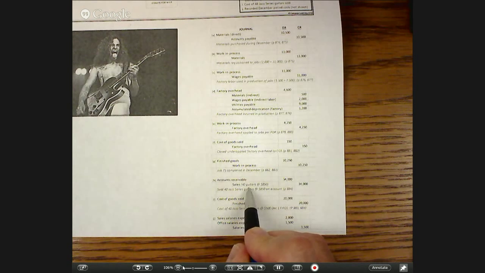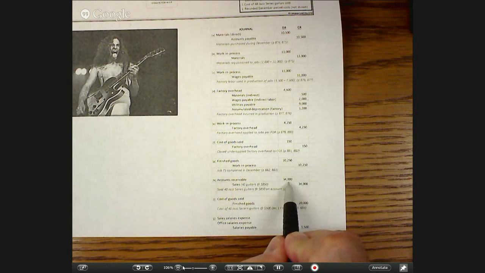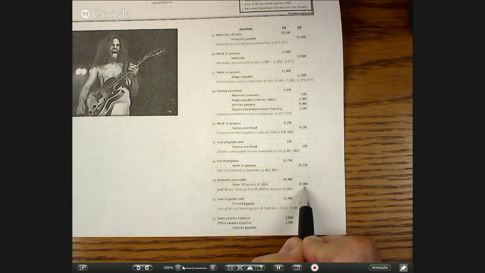The selling price of these guitars, $850 times 40, results in a selling price of $34,000. So Washburn Guitars would increase accounts receivable and increase sales by $34,000.